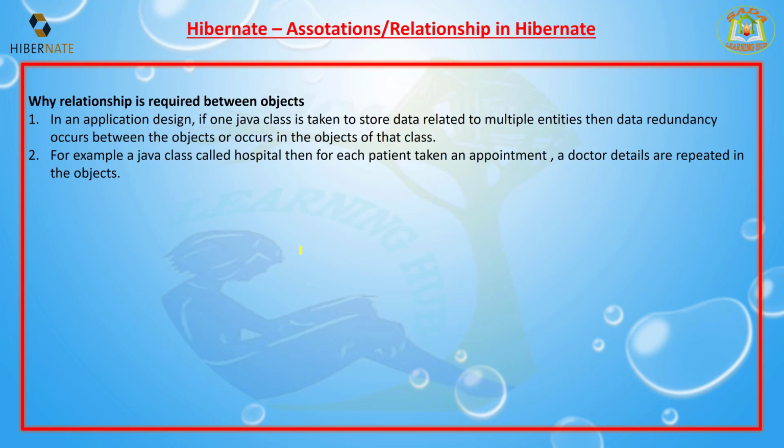That is for database design. Now, coming to the objects, why is a relationship required between the objects? On the database side, we make relationships to reduce the redundancy of the data and to make fast retrievals.